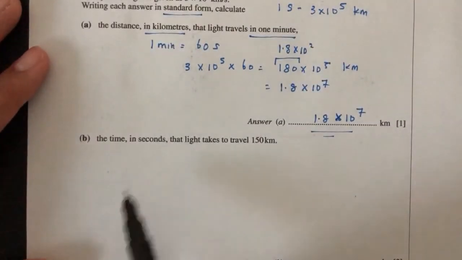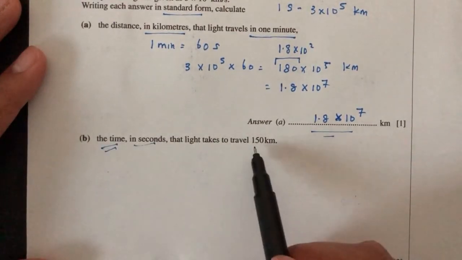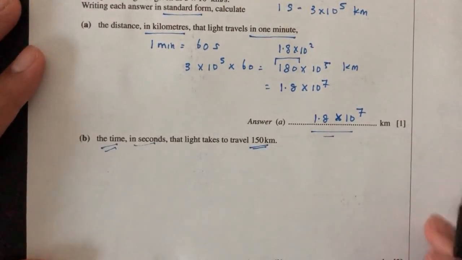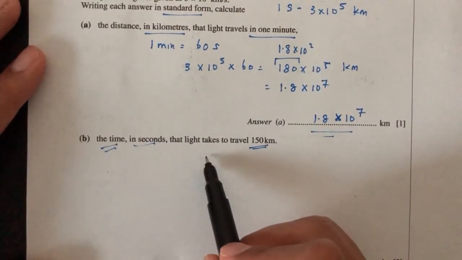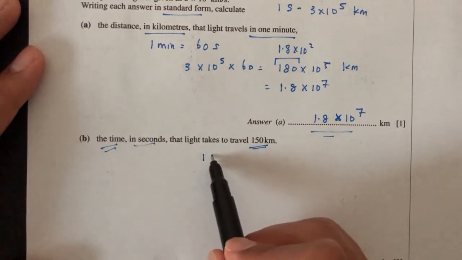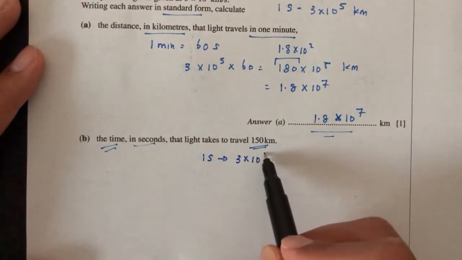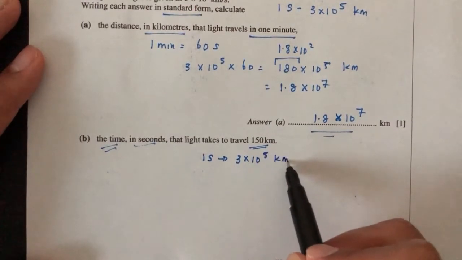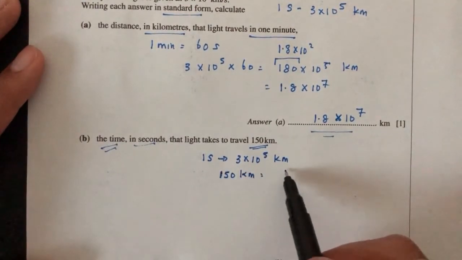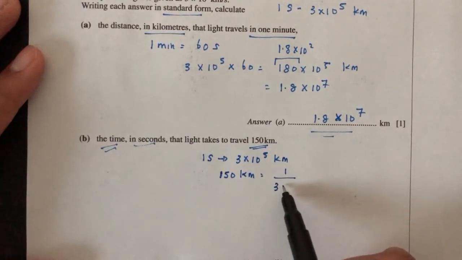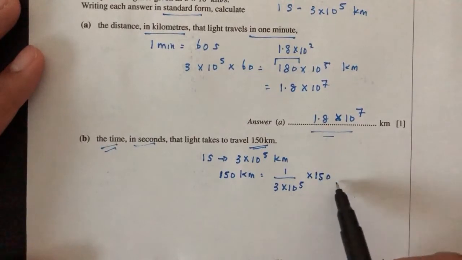Now for part B, find the time in seconds it takes to travel 150 kilometers. So we know in 1 second it travels 3 times 10 power 5 km. So now for 150, that will be 1 divided by 3 times 10 power 5, times 150.